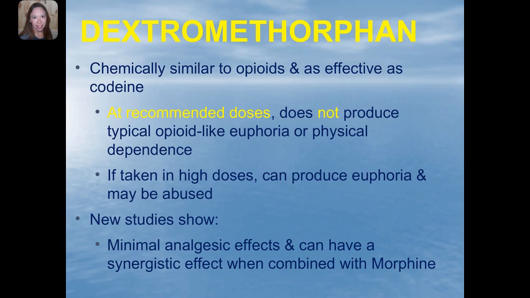What we're also seeing in this new research is when combining dextromethorphan with morphine, we're actually seeing a synergistic effect where they're getting better pain relief using the dextromethorphan with morphine. So new research coming out, we might see some changes with this in the near future with possibly a combo product of morphine with dextromethorphan to work on pain.